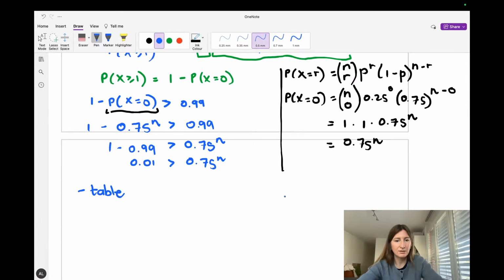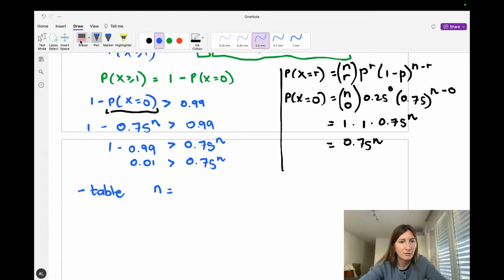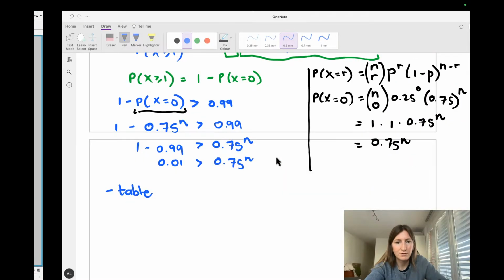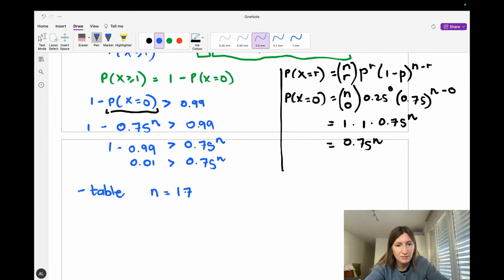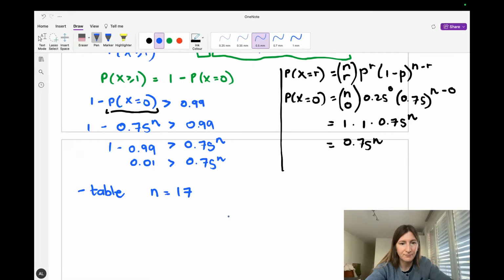So we can write on this to show that if we use the table method from this step, we can say that n equals 17. So that was the value that is less than 0.01. And that is the answer for using the table method.